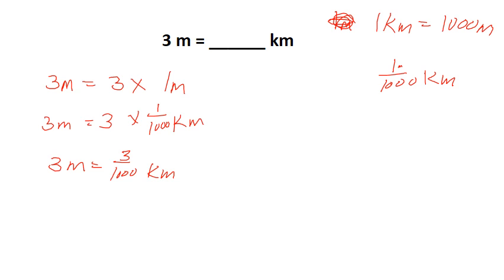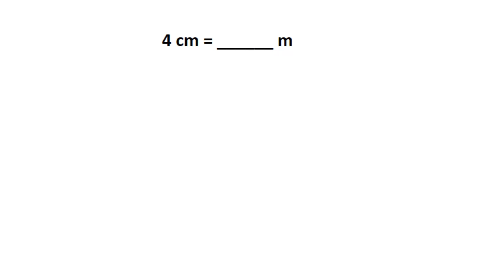So 3 meters equals 3/1000ths kilometers. And I could also write that as a decimal, because with 3 in the thousandths place, I would put it like that: 3 in the thousandths place, kilometers, 0.003.